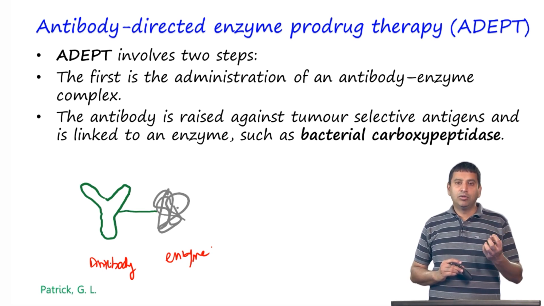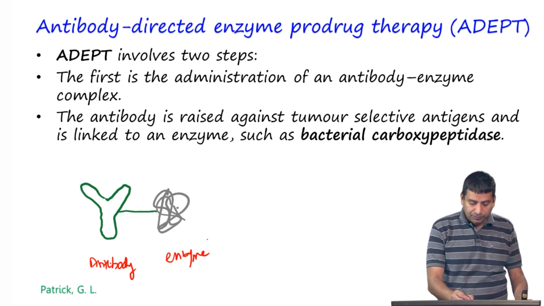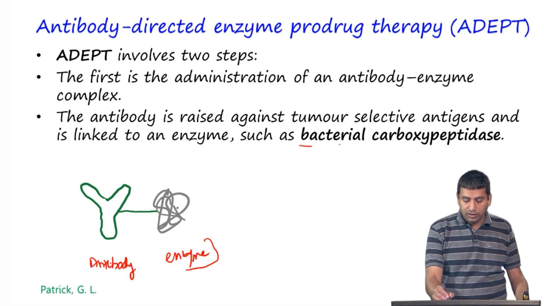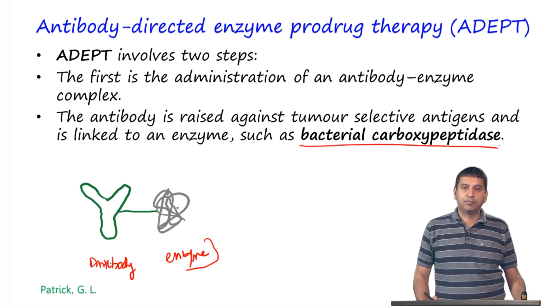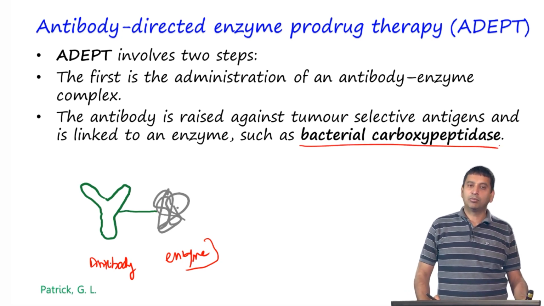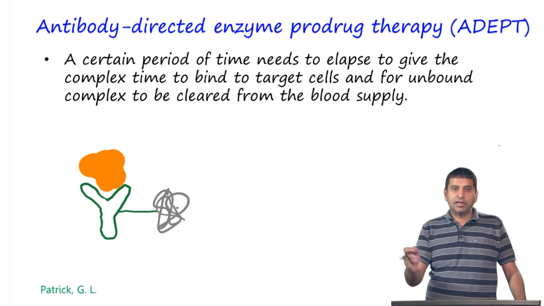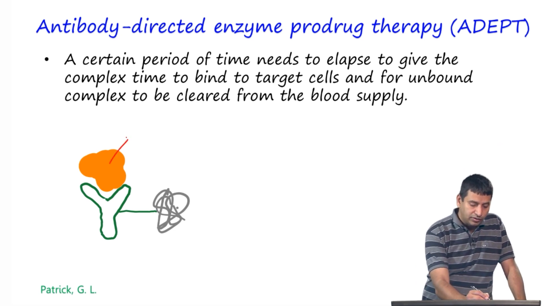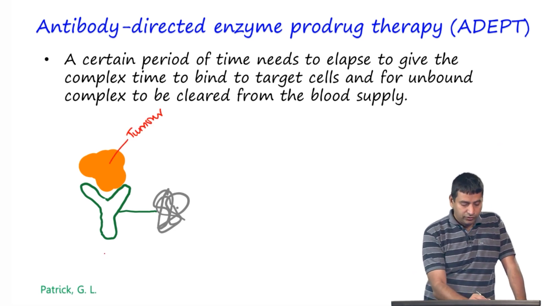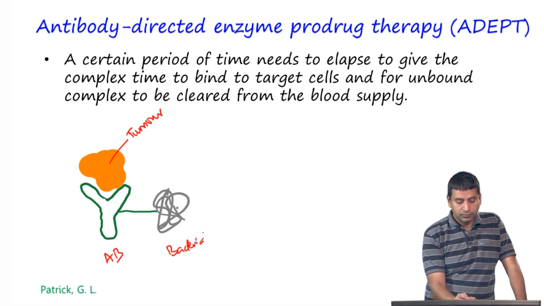This enzyme is a special kind of enzyme which is present only in bacteria, for example, a bacterial carboxypeptidase. After some time, the antibody slowly accumulates at the tumor site. Here is the antibody and here is the bacterial enzyme.